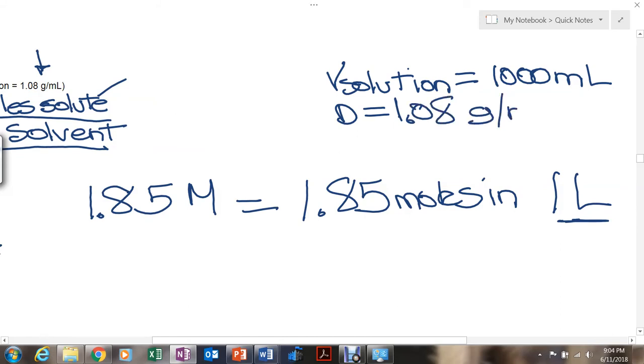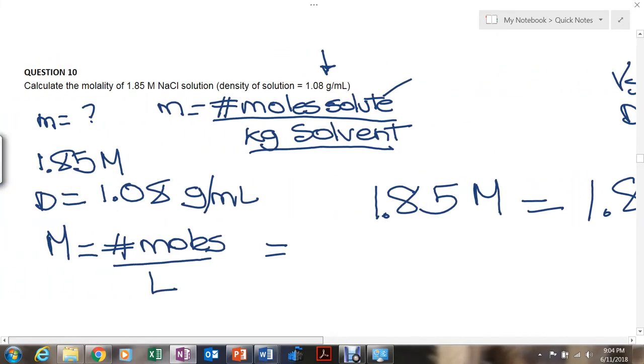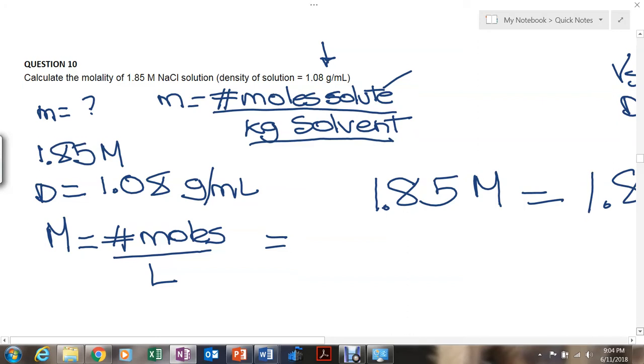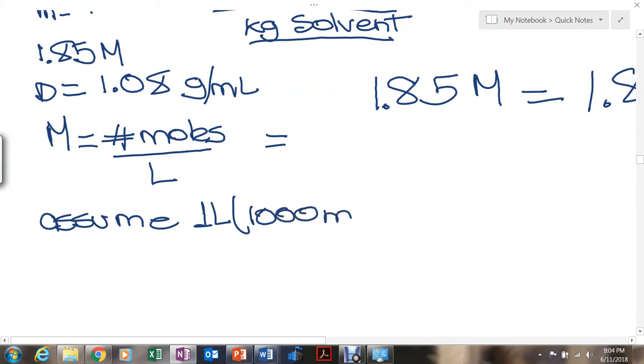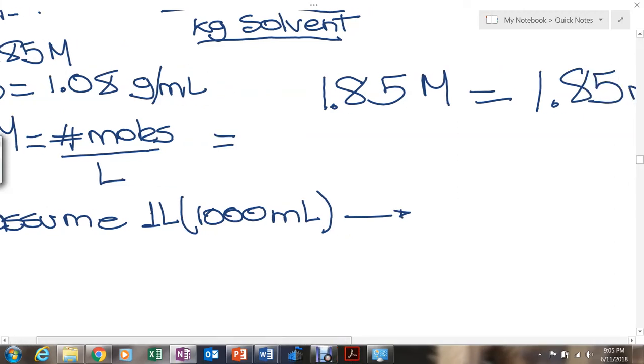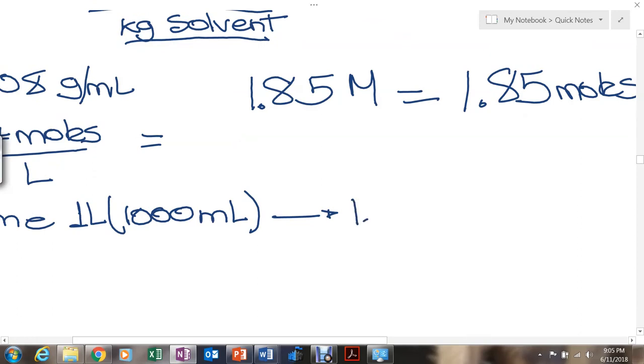Because this is what we're going to do. Assume 1 liter, 1,000 milliliters, and you got 1.85 moles.